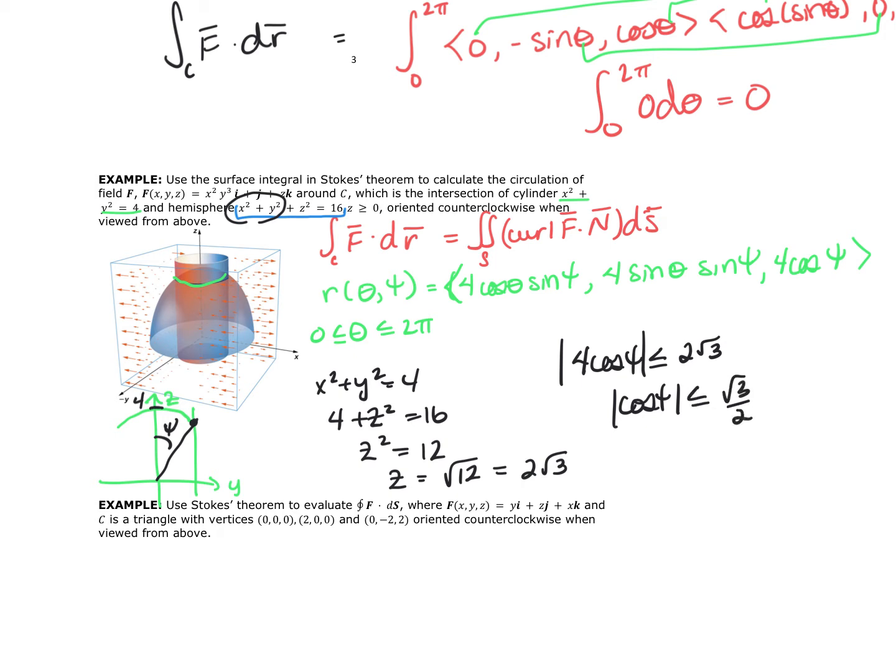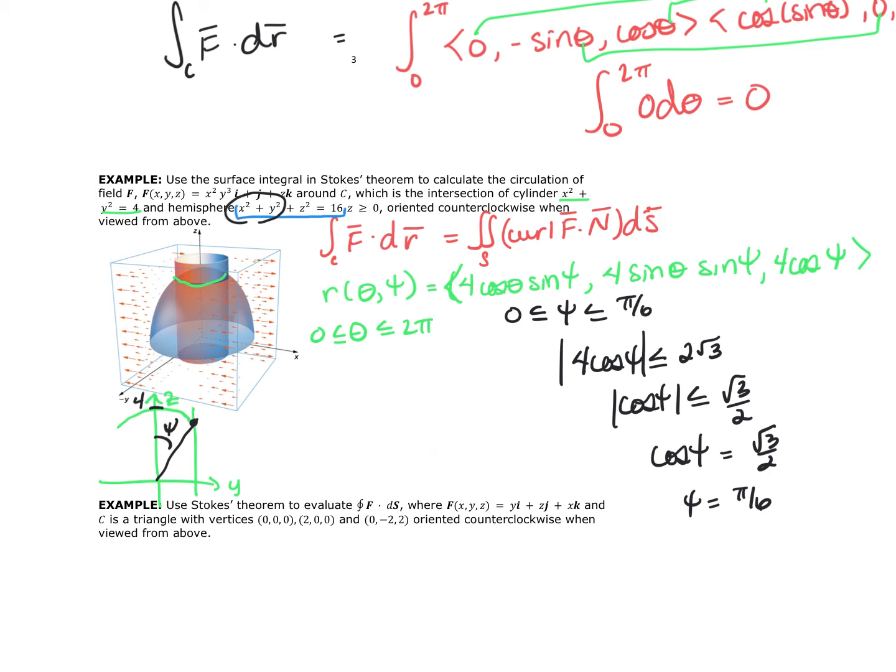And because phi must be in quadrants 1 and 2, the cosine of phi must be equal to the square root of 3 over 2. So then phi, looking on my unit circle, must be pi over 6. So now I know that phi runs between 0 and pi over 6. Okay, so that was a lot of work to figure out what phi is going to run between.